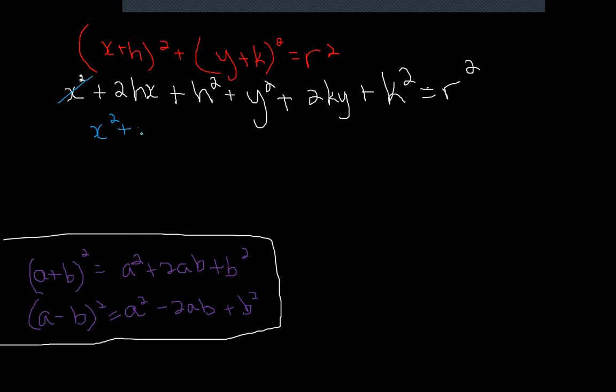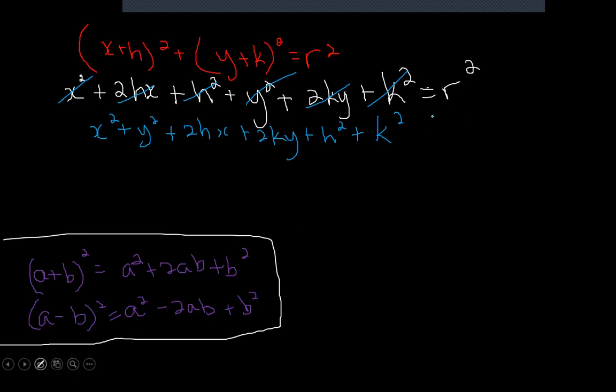What we're trying to do is set this whole equation equal to 0, so I bring the r squared across to get minus r squared is equal to 0.